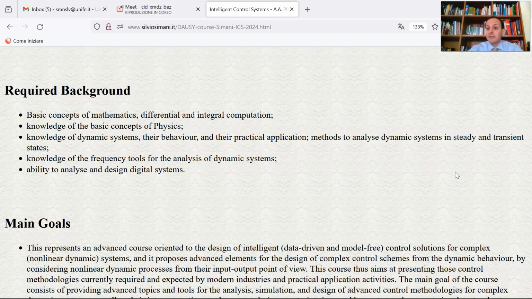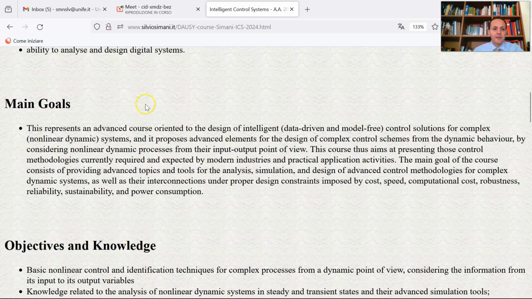It is something that is not really required for this course, because due to the time constraints, we will not meet the development, the practical development, even if I'm mentioning some tools for the practical design of intelligent control systems.